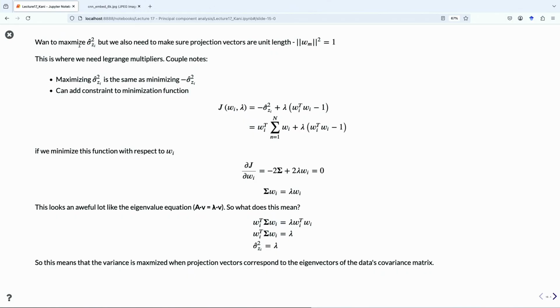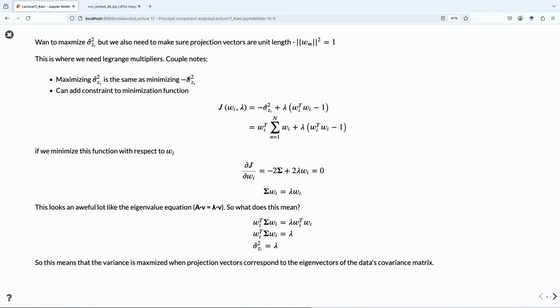So what do we do? We write a Lagrange equation. Because we use PyTorch, and PyTorch automatically assumes we're minimizing things, instead of saying we want to maximize the covariance, we say we want to minimize the negative of the covariance. Same thing.